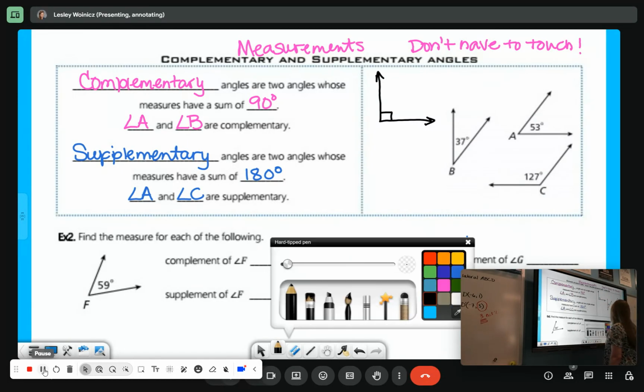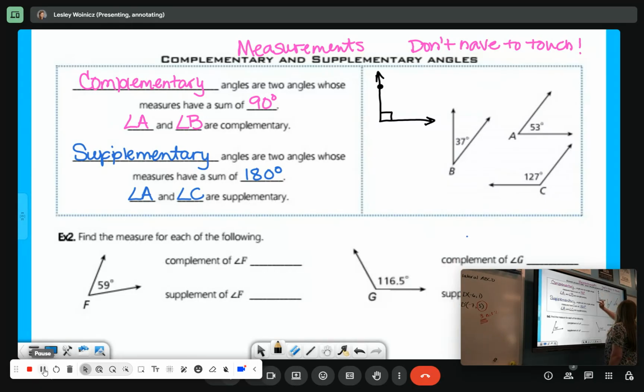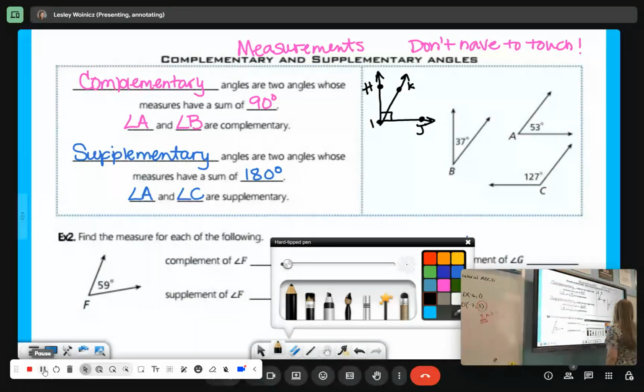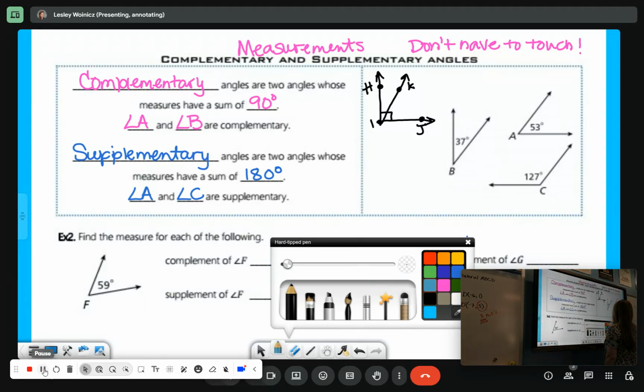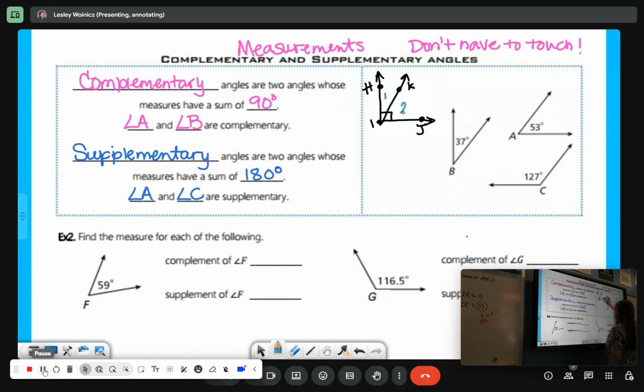Can we call this H, I, J, and then can we have a K in here somewhere? Yes. After doing all of that work, I just figured out that it's probably going to be easier if I just number these angles 1 and 2.